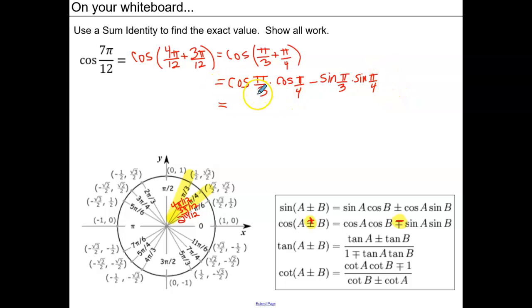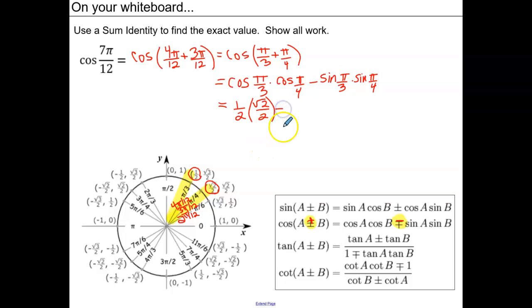So the cosine of pi over 3, that's looking for the x-coordinate at that angle, which is 1/2. Then we're going to multiply that times the cosine of pi over 4. That's the x-coordinate at pi over 4, which is square root of 2 over 2.